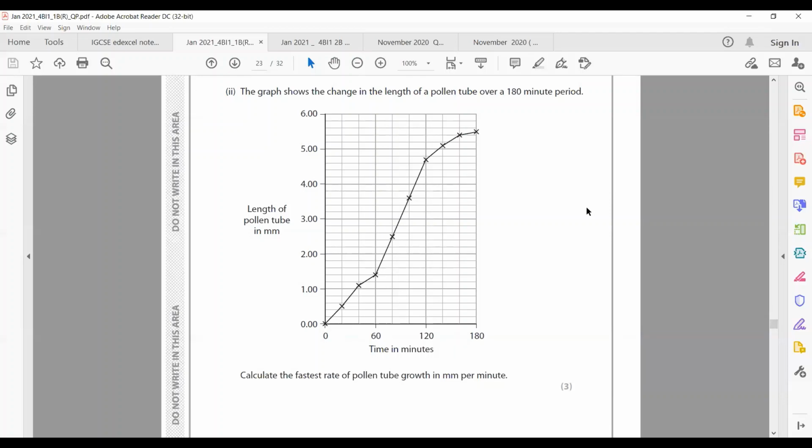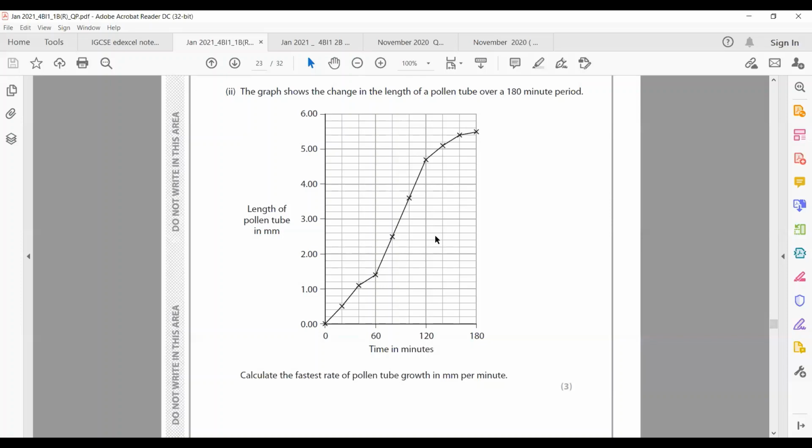Miss, I'm not sure, but like, do we do 4.7 minus 1.4 and then over the minutes? 4.7, yes. I mean, minus 1.4 divided by 60. Yes, excellent.